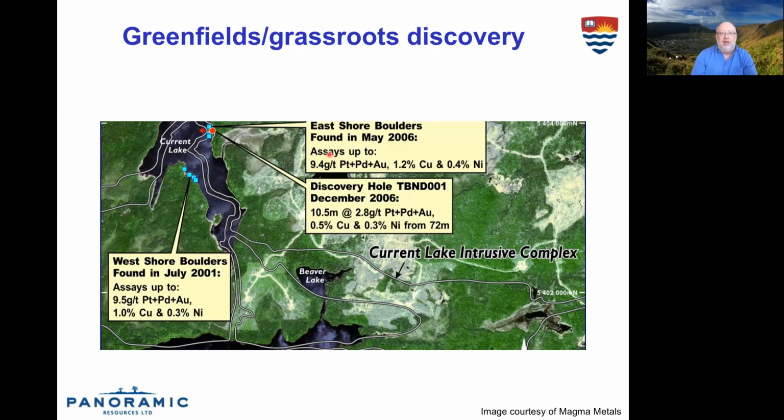They followed that up, doing some detailed glaciology and figuring out where the ice flows went, and found some more boulders on the north shore. Again, similar sort of grades. And then their first hole, 001, was their discovery hole, intersecting 10.5 meters at 2.8 grams per ton. So it's a neat story in terms of grassroots exploration, boots on the ground, and they got very lucky and hit mineralization with their first hole.